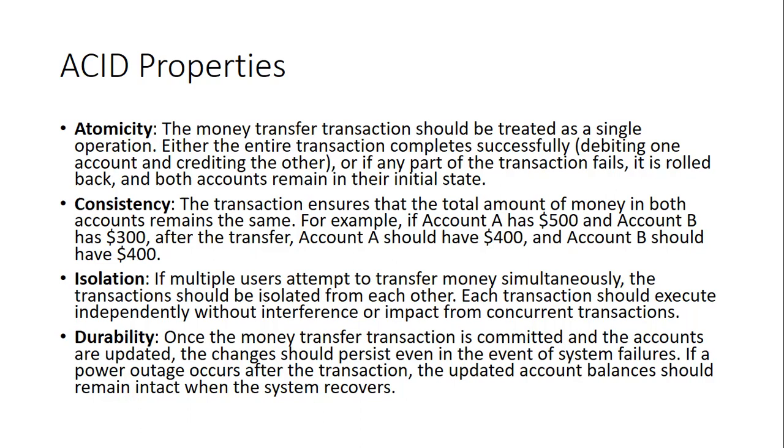And if we sum up these values, account A plus account B, the previous state's total amount was $800, right? After this transfer has taken place, account A is 400, account B is 400. The total for account A and account B is still 800.